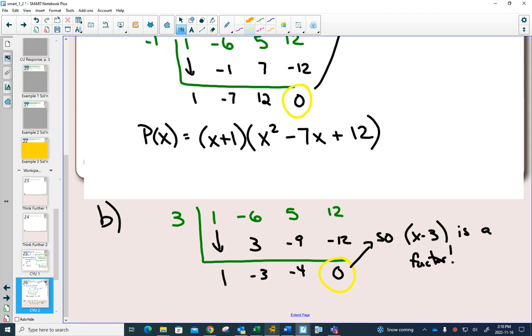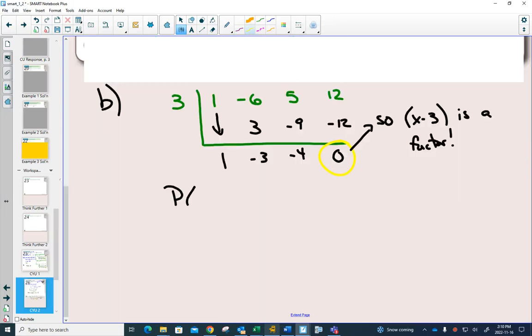We got another remainder of 0, so we have found another factor. And if I wrote the division statement for this one, I would get P of x equals x minus 3 times x squared minus 3x minus 4. I'd like you to leave a little space under this. I'll go to part C.